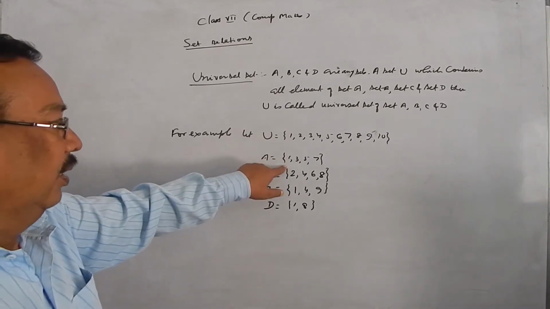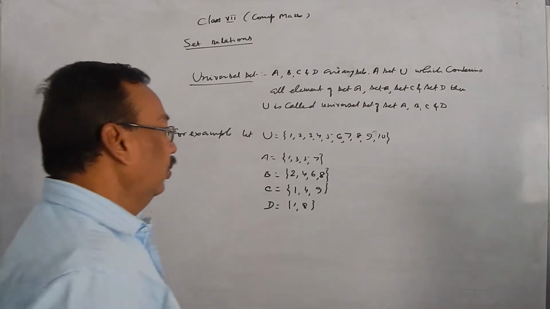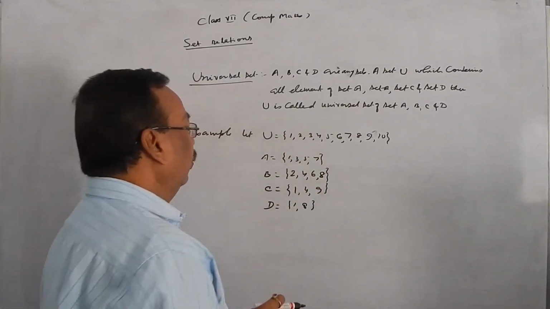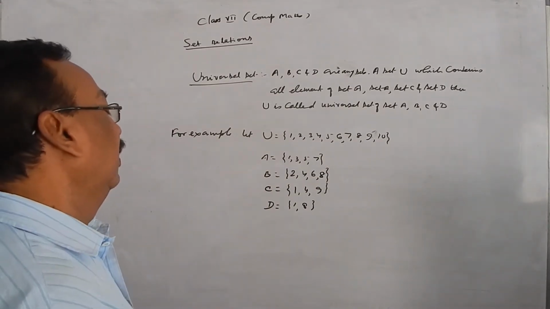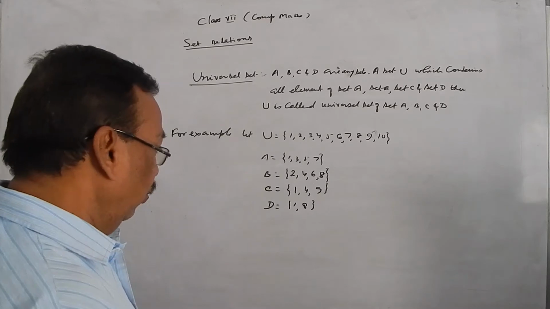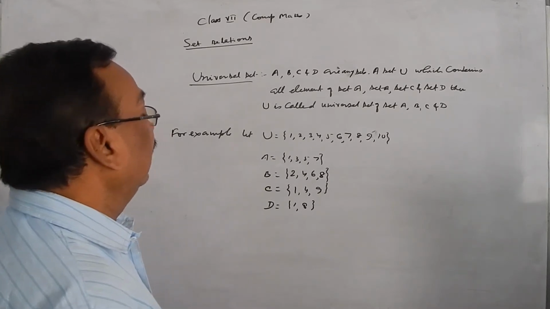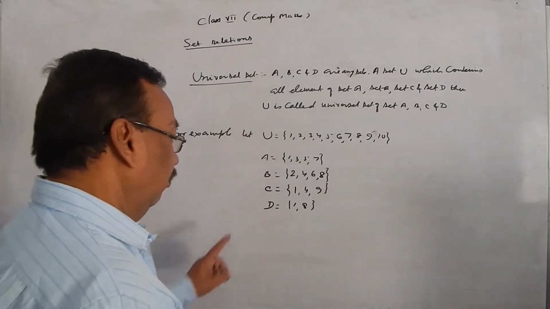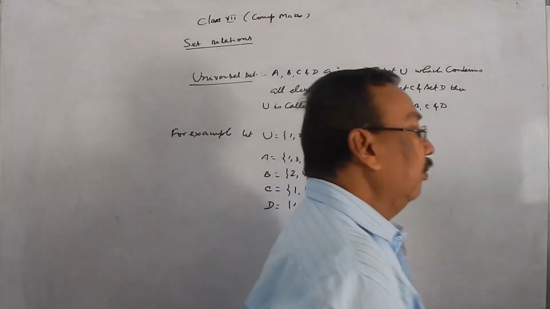See this: all elements of A lie in U, all elements of B also lie in U, all elements of C also lie in U, all elements of D also lie in U. Therefore, U is called the universal set.